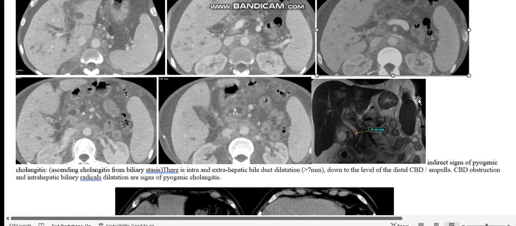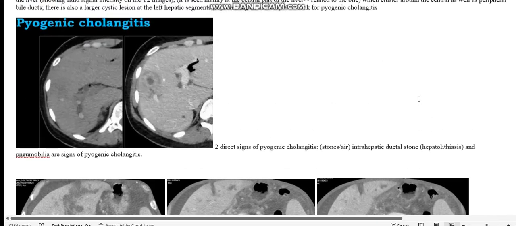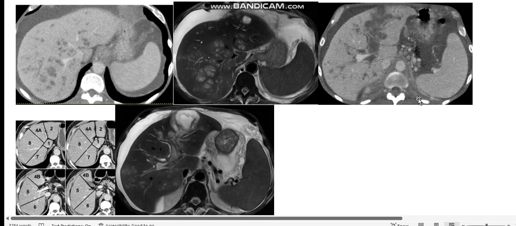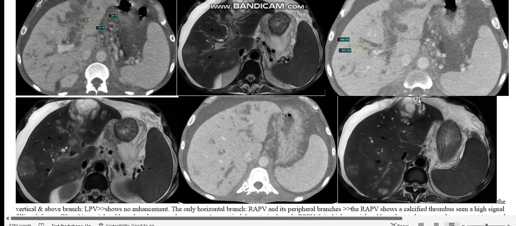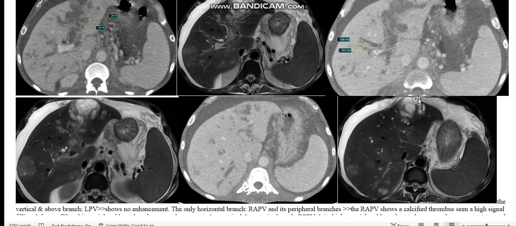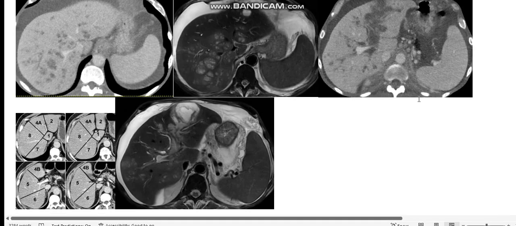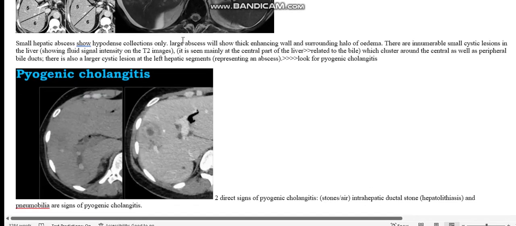After diagnosing a hepatic abscess, what to look for? Look for the cause. Look for evidence of cholangitis, any direct signs or indirect signs of cholangitis.